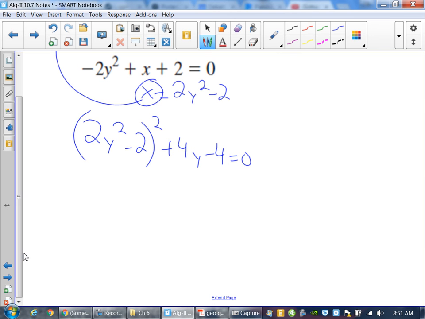So we're going to get 4y squared minus 4y minus 8y plus 4. Plus 4 plus 4y minus 4 is 0.